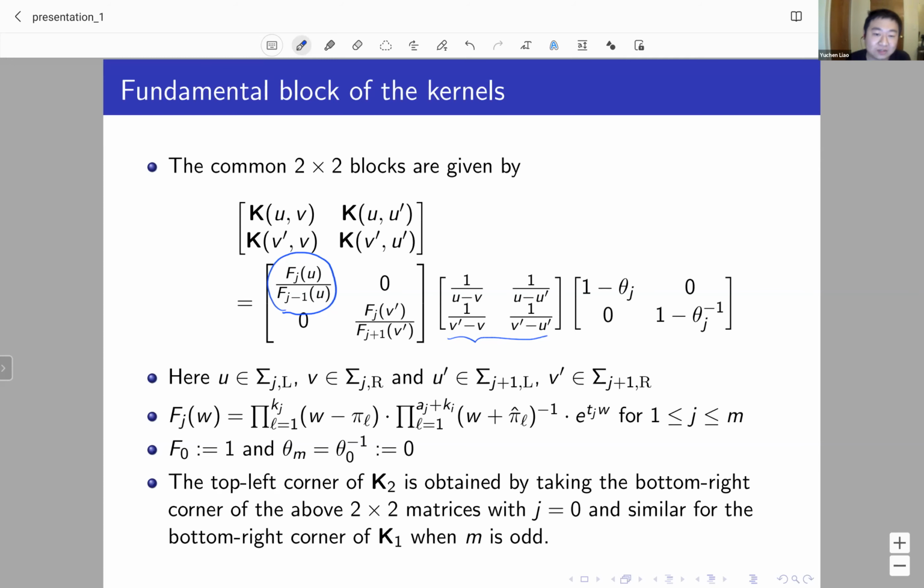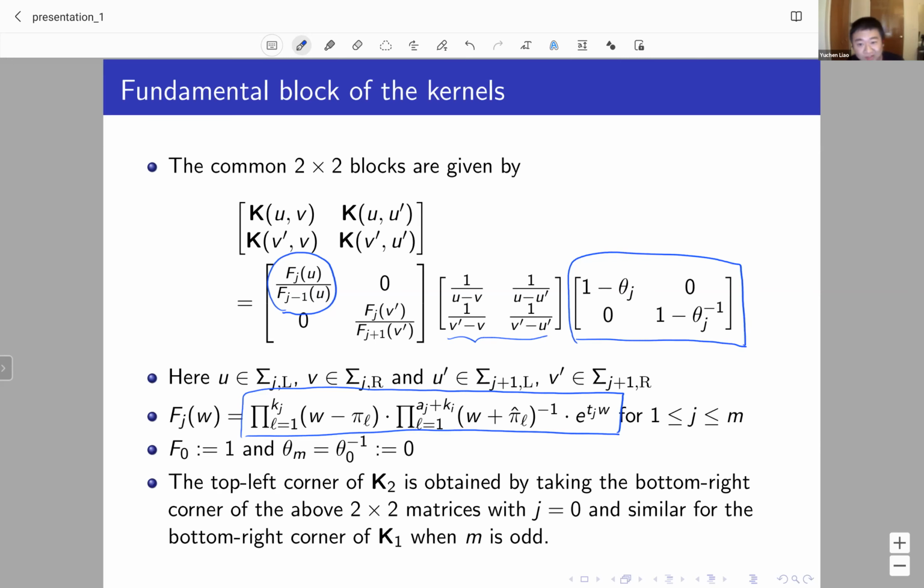If you're on the right, then you take fj divided by fj plus one, where this fj is this familiar function if you look at Schur measure essentially. Then there is some dependence on this extra parameter theta, and it is entering with this kind of not that harmful scalar matrix essentially.